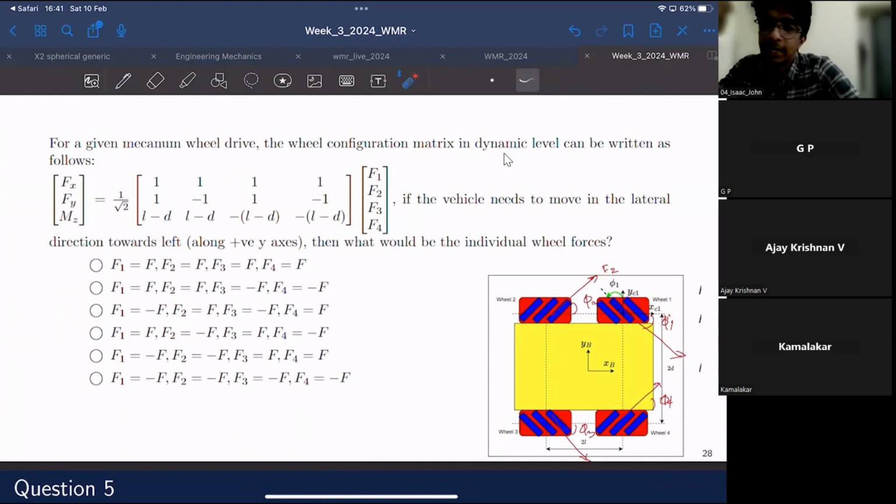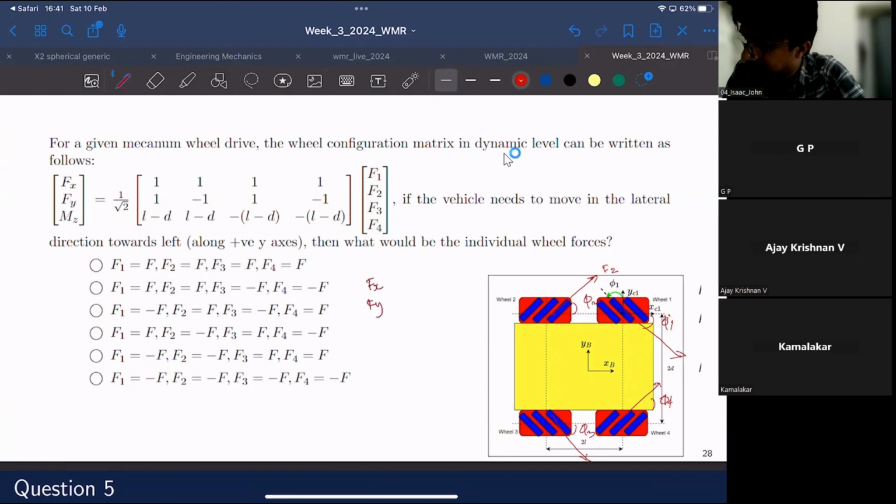Okay, so again, the procedure is still the same. You need to find the right combination of F1, F2, F3, F4. Can anyone tell how Fx, Fy, and Mz would look for this specific problem?